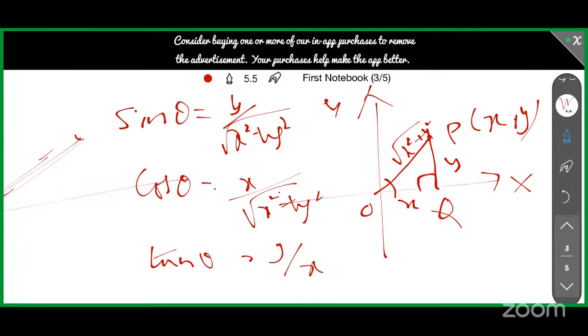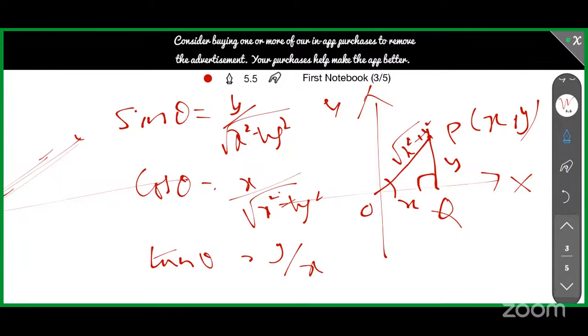Modulus is the distance of a given point from the origin to that point. That means now this OP will become the modulus of the given point. That means a point's distance from the origin. The distance of a point from the origin is called the modulus.